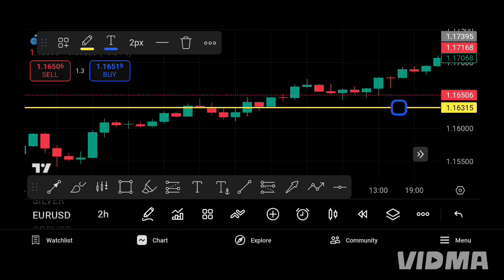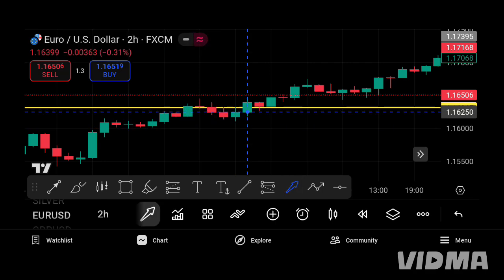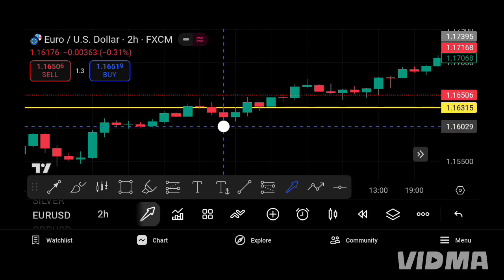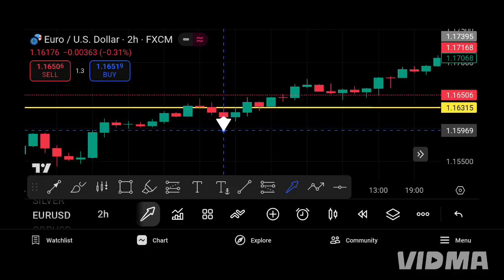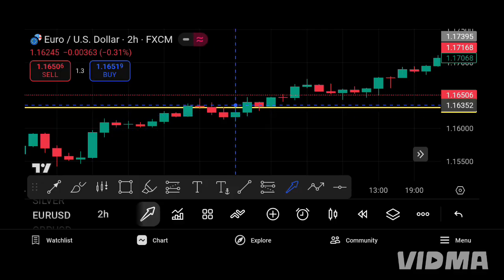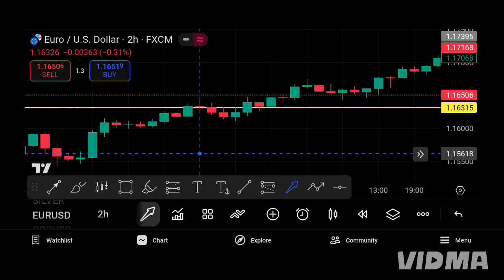We marked its high, now we are looking for entries. This is the high where I've put my yellow line, the high of the candle that has swept our liquidity that we wanted.